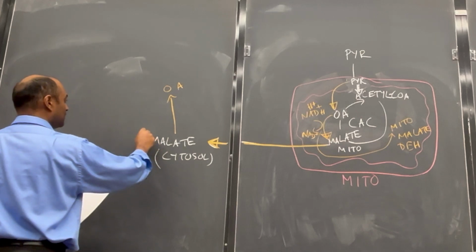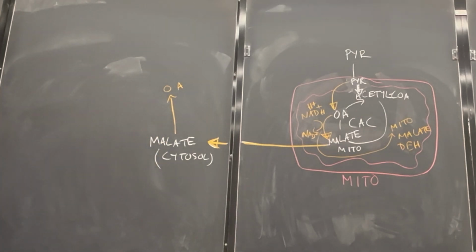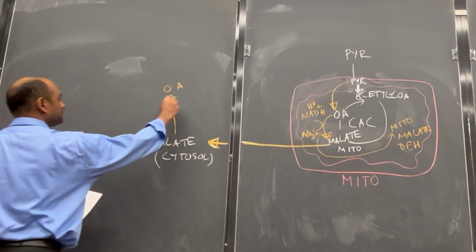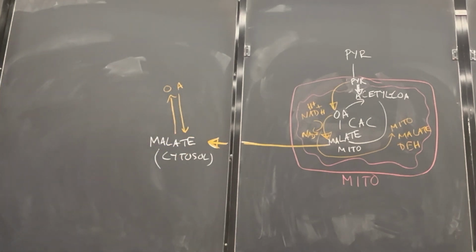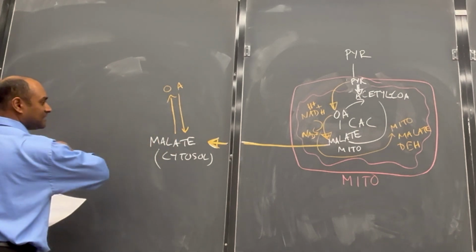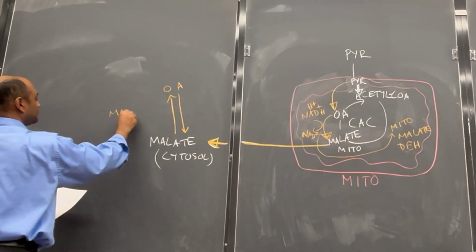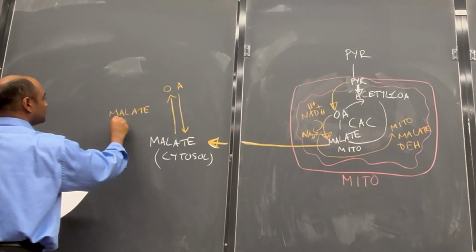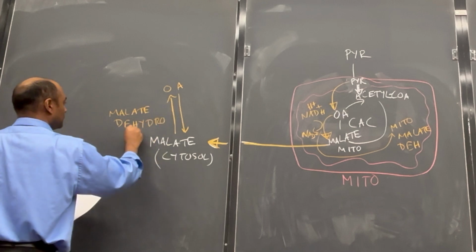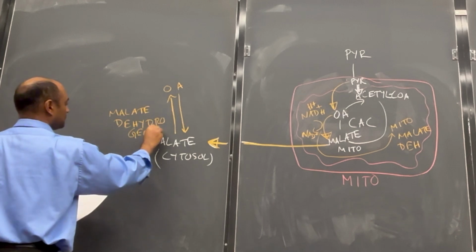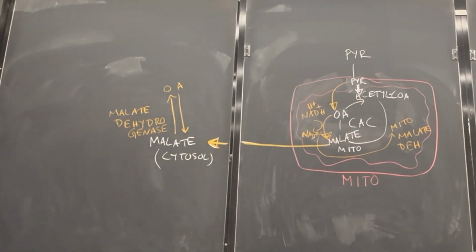So now what do we need to go from malate to OA? What enzyme? Same malate dehydrogenase, right? Because these are reversible enzymes. And what else? Do we need NAD plus or NADH? NAD plus.